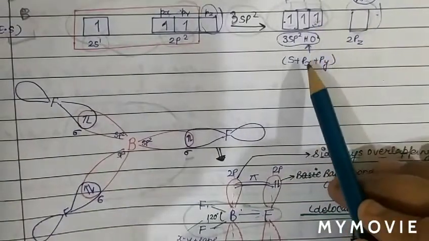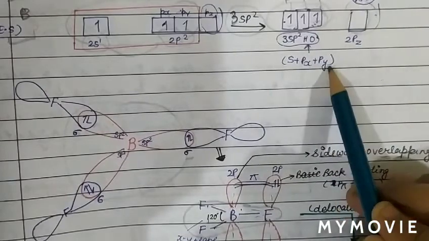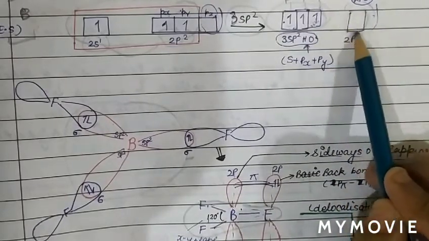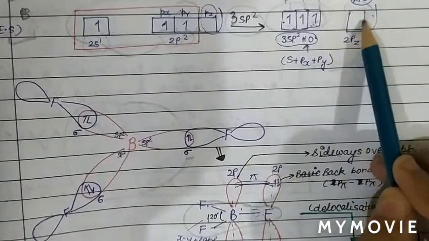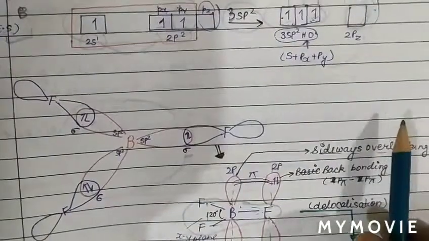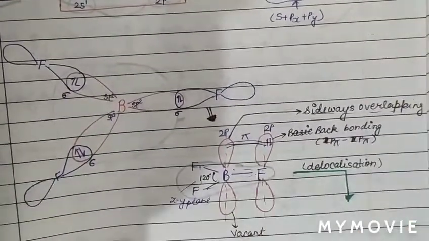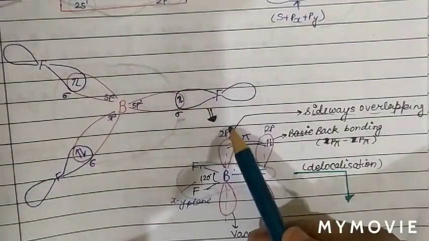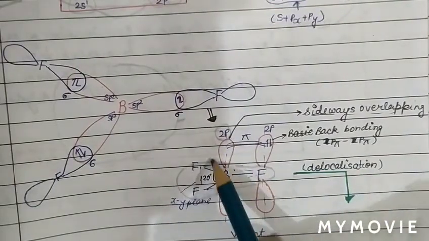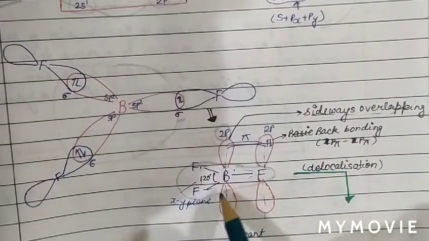And we know Px, Py, Pz are perpendicular to each other. So this atomic orbital of boron will be perpendicular to the plane. So now arrange the vacant 2p orbital. This is the vacant 2p orbital of boron, which is perpendicular to the plane. This is the geometry of BF3.